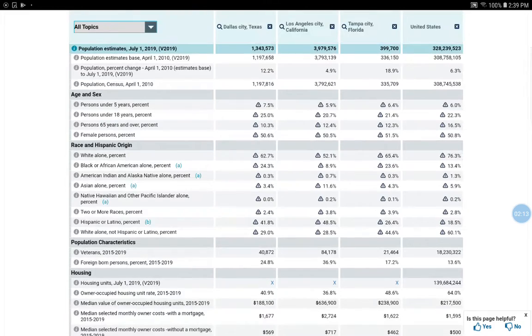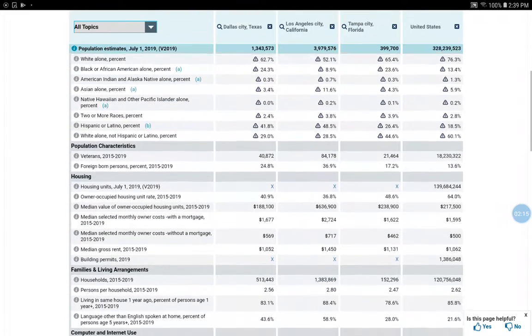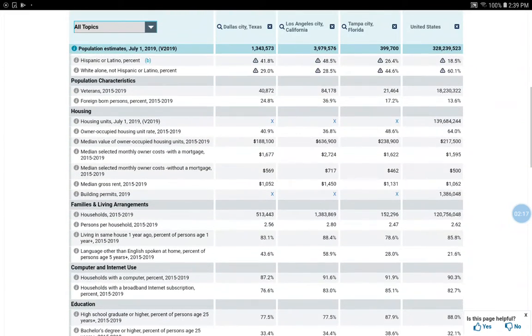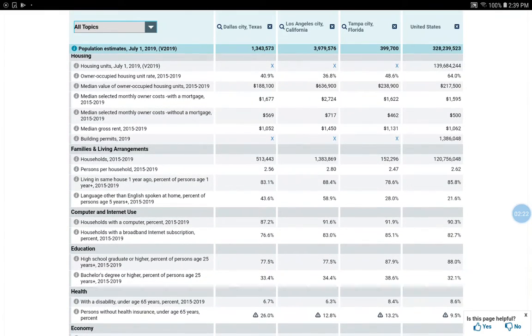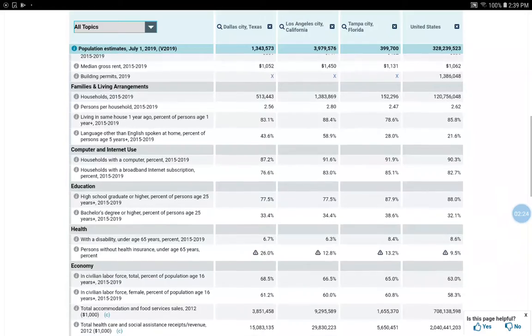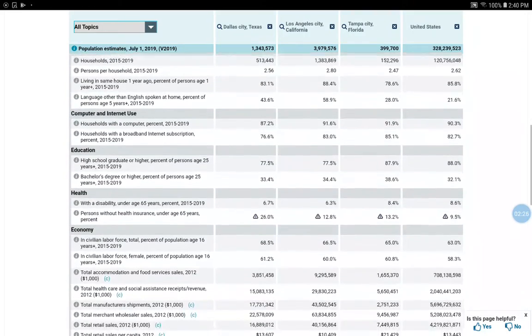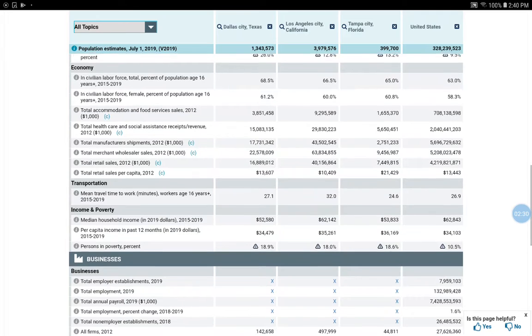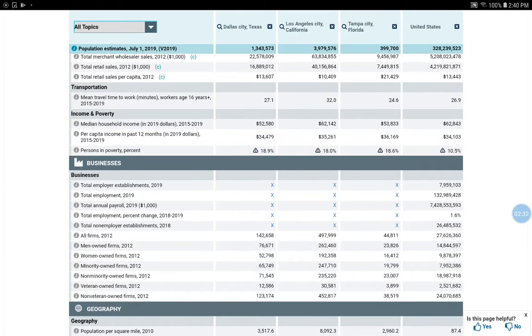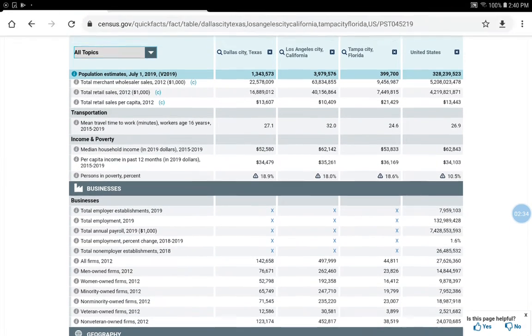Then as I scroll through this, there is a lot of data here. Everything from median household income, how much houses are sold for, what the education level is, the health of the citizens, the economic factors, transportation, income and poverty, and then businesses, which is kind of interesting, how many women own businesses, minority owned businesses.